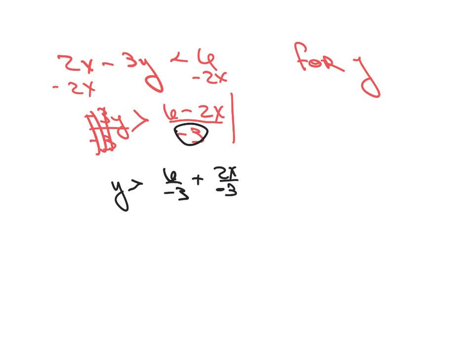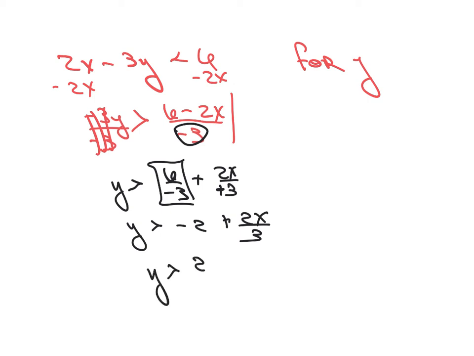So these two negatives together make that positive. And the reason we separate that is because sometimes we can reduce. So right here, we've got a negative 2. And then we've got 2x over 3. So that can be written that way, or it can be written as 2x over 3 minus 2. So all I did was flip those around. And that's what you've got.